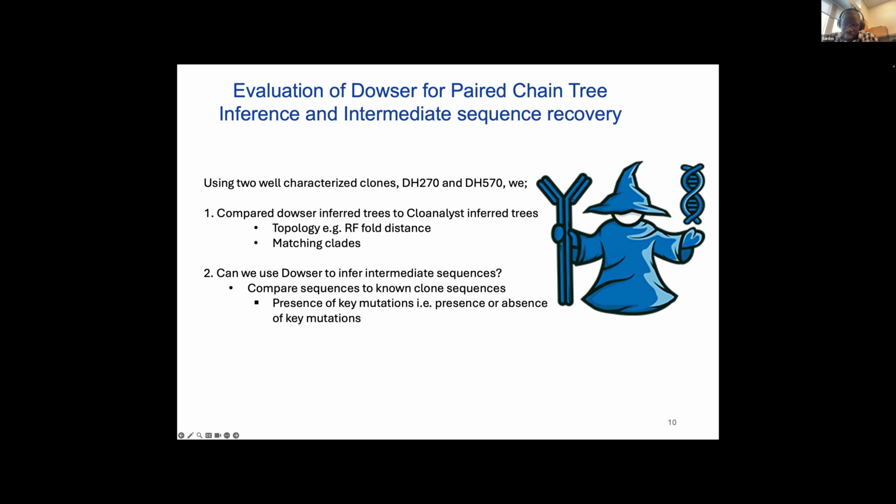The original trees and intermediate sequences were inferred using Clonalyst. We compared the tree topologies using the Robinson-Foulds distances and the clades that were identified. The Robinson-Foulds (RF) distance counts for you the number of splits between two trees. And we also compared the intermediate sequences generated using the two methods with a special emphasis on key mutations.